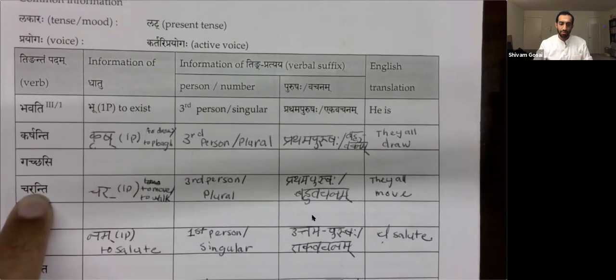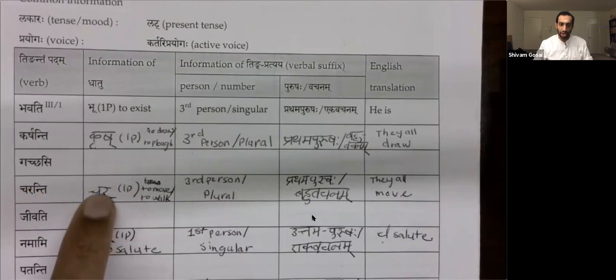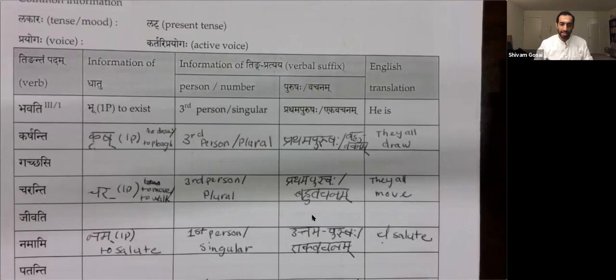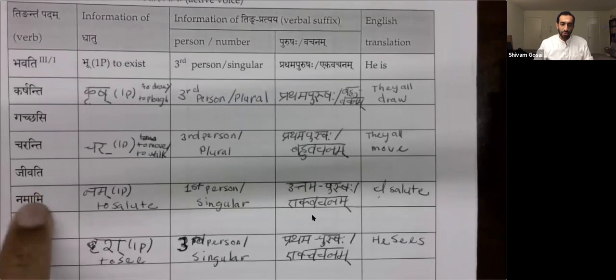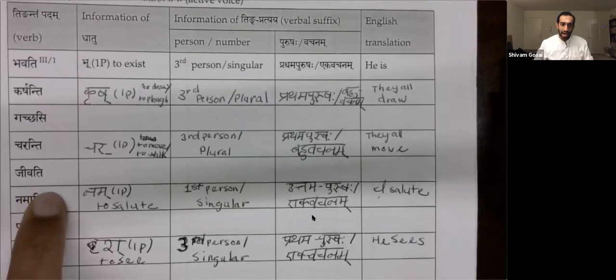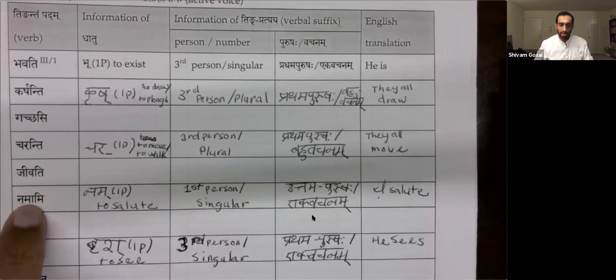Our second example, right? Charanti. Charanti, we just saw, right? Chara, the anga chara comes from the dhatu char. Actually, let's do this example because that's almost the same thing. Let's go to namami. So I see that ami, and then I separate out this first part. So the first part is the anga, nama.